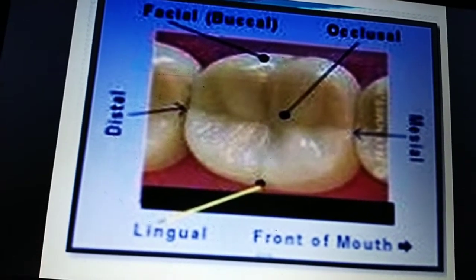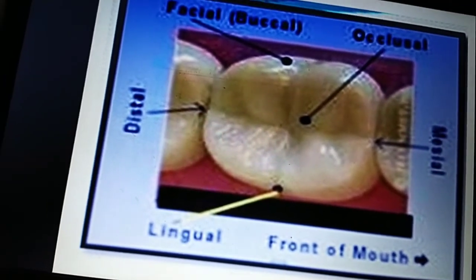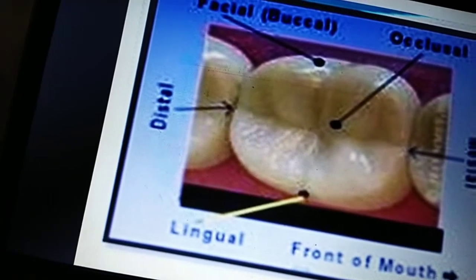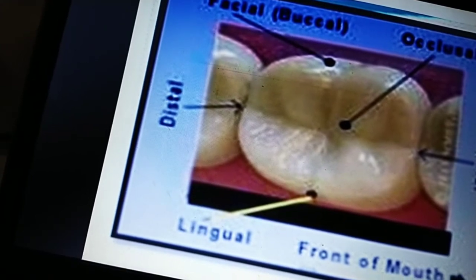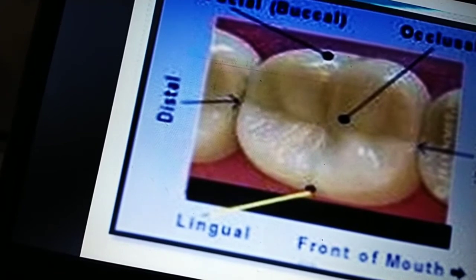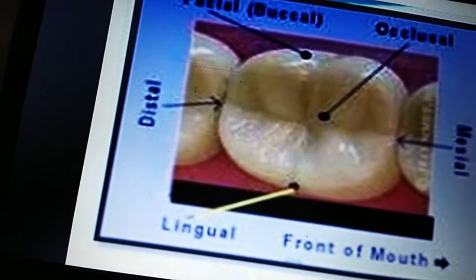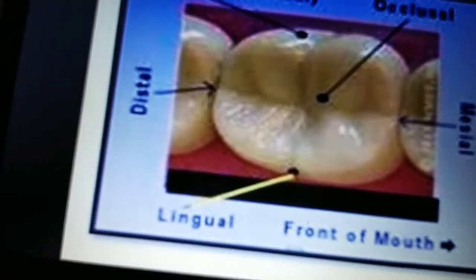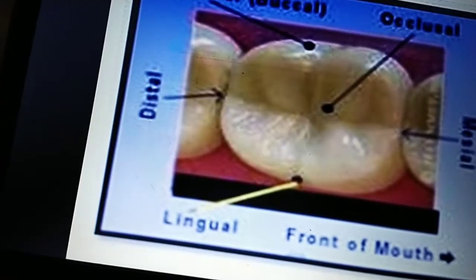Then the major structures are enamel, dentin, cementum, and root. Then the pulp cavity, alveolar process, alveolar bone, periodontal ligament, cementum, pulp chamber, pulp horn, and pulp canal or root canal. Then the surfaces: facial or buccal, occlusal, mesial, lingual, and distal.